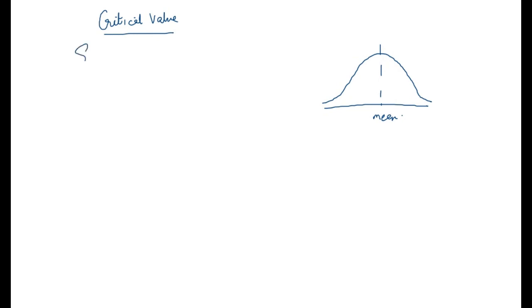Significance level is a percentage that we define at the beginning of our experiment. So, for example, we represent it as alpha. Suppose we have defined the significance level of 5%.